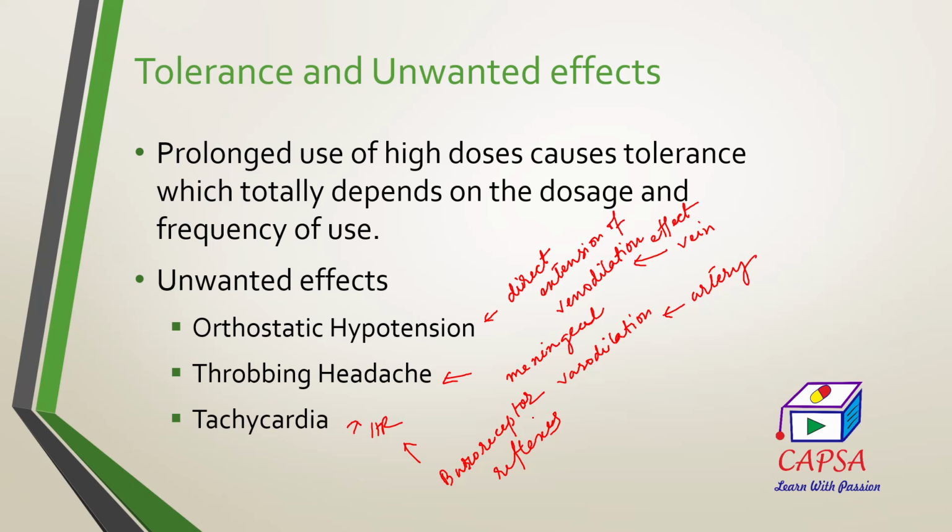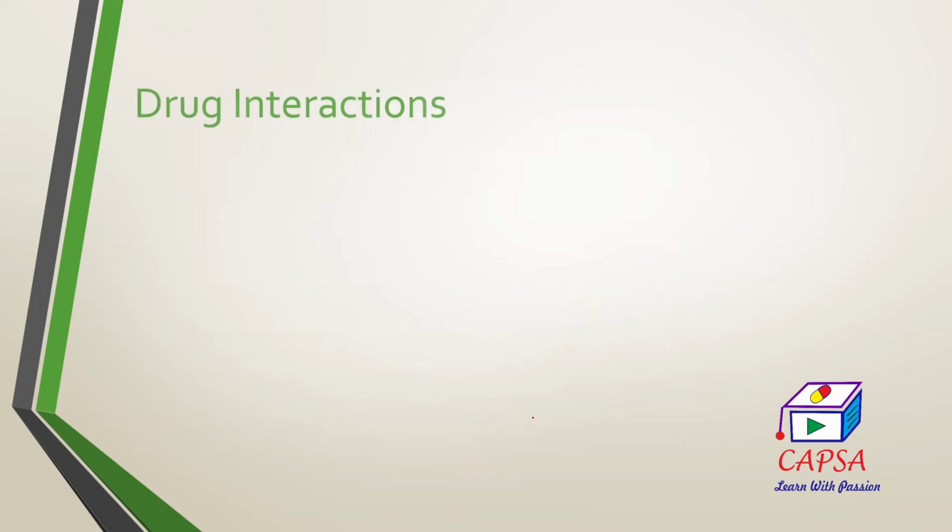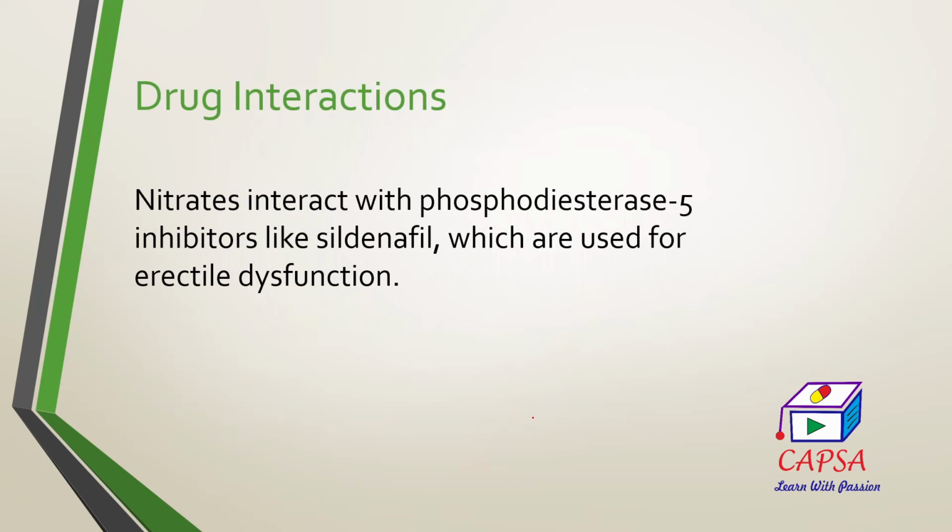Okay, baroreceptor reflexes. What are the drug interactions? Nitrates interact with phosphodiesterase 5 inhibitors like sildenafil, which are used for erectile dysfunction. Phosphodiesterase 5 inhibitors are also known as PDE5 inhibitors. Okay. Erectile dysfunction is the problem of the penile organ of male.